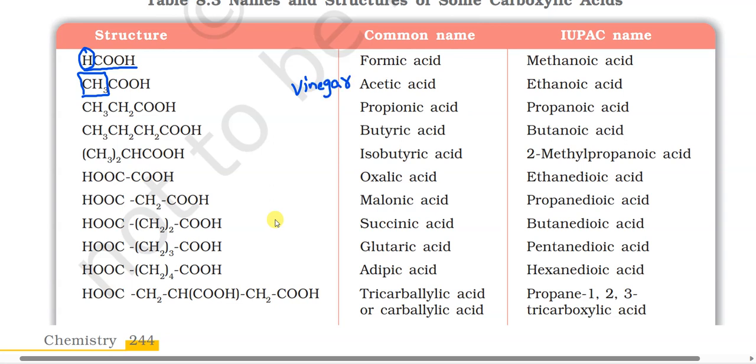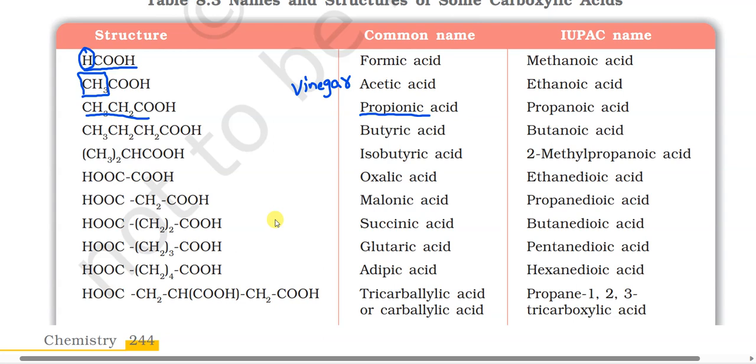Vinegars, which were used in bakery items, possess acetic acid. Next, based on the number of carbons, the name is given. Say for example, we have 3 carbons; then prop is the word we use, propanoic acid. So it continues like that.